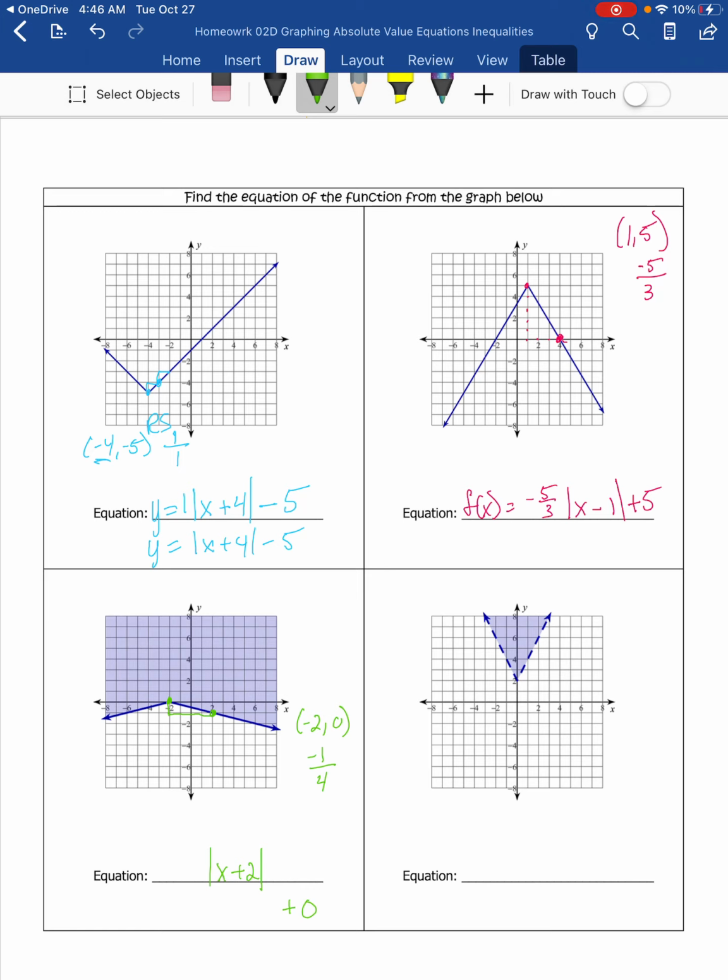You could have a plus 0 if you want, that's fine, but I don't require that. You know your slope is -1/4. Now for this, we have to look at a couple of things. The first thing that I look at is it's shaded above, so I know it's going to be y is greater than. And the next thing I look at is my line is solid, so it has to be or equal to.